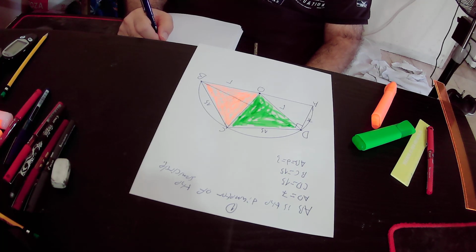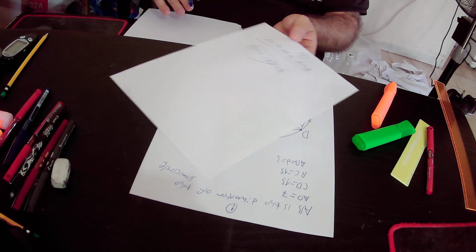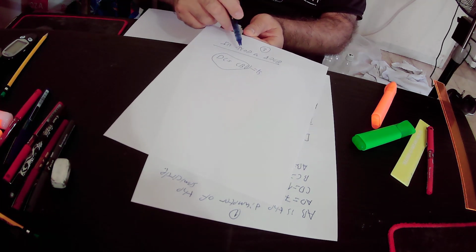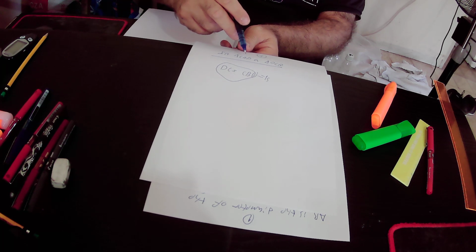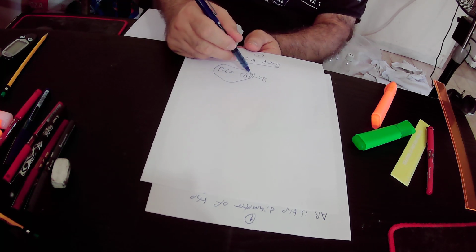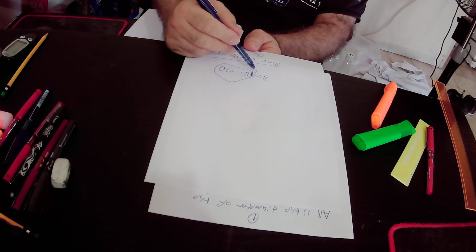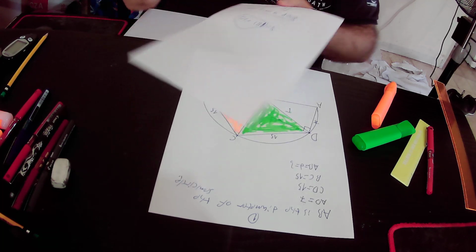Okay, DC equals CB. Both those sides are equal to 15 units in their size.